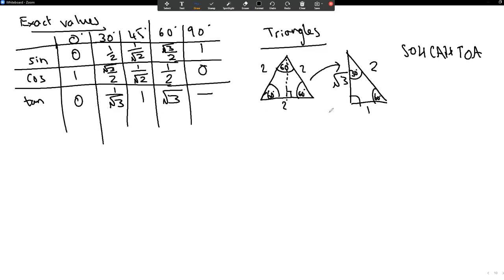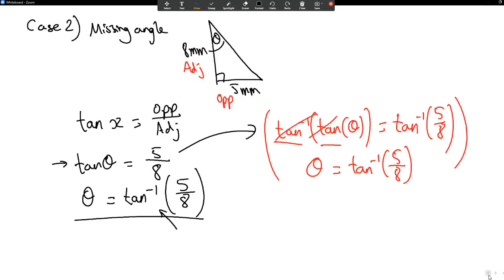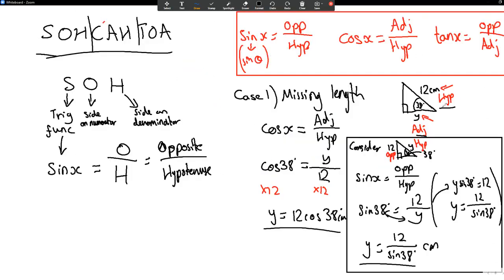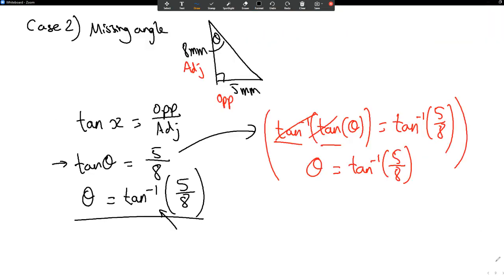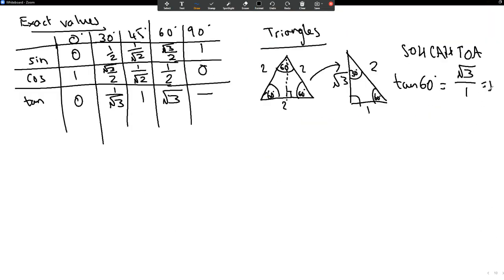Tan 60 would be opposite the 60 degrees, so that's root 3, over the adjacent, which is 1. By the way, I'm just using the formulae we learnt before here in red. So that equals root 3, and you can see it's correct.